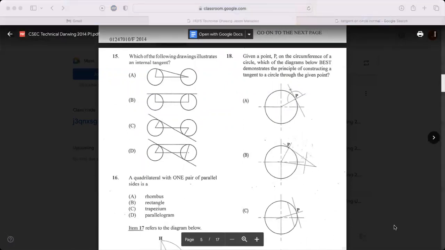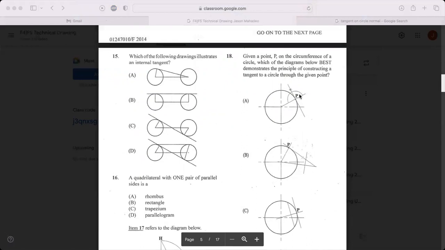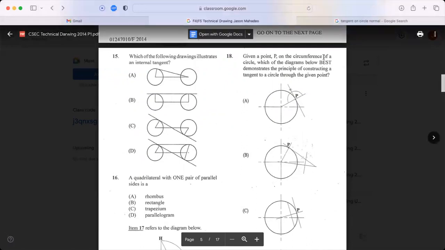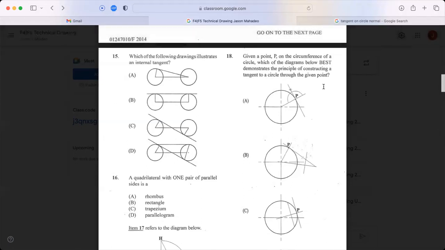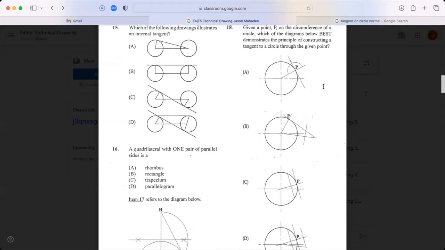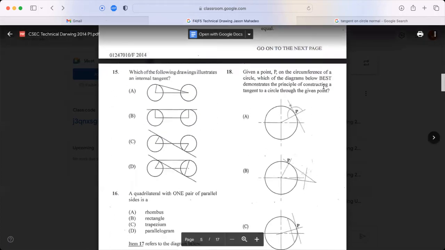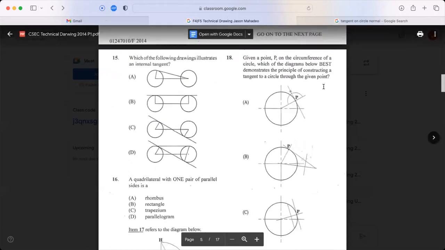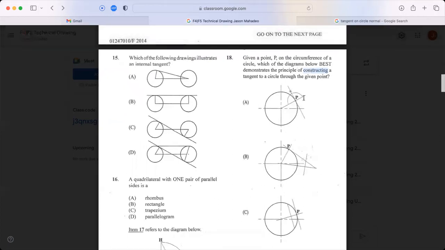I put B. So for 18, the answer is A. All right, so given a point P on the circumference of a circle, which of the diagrams below best demonstrates the principle of constructing a tangent to a circle at a given point? You all haven't really done constructing tangents yet. But basically, the key is the word constructing. So they want to show a construction method.